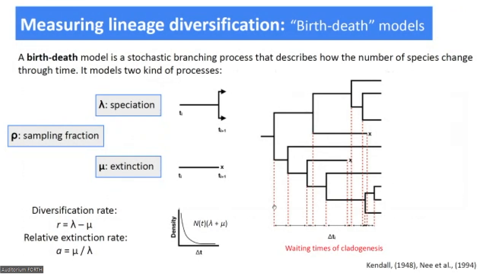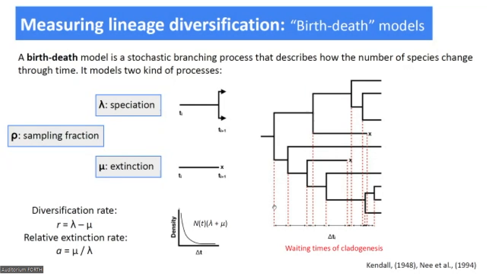The diversification studies carried out with those phylogenetic trees are generally done with birth-death models, which are a stochastic branching process that describes how the number of species changes through time. This model has two main components: the speciation rate, which controls the tempo of emergence of new species, and the extinction rate, which controls the tempo of elimination of species.